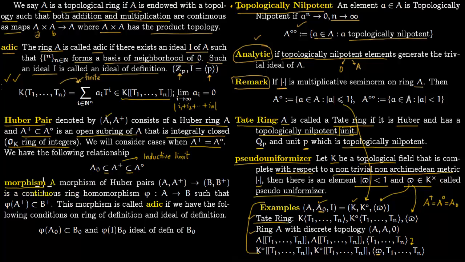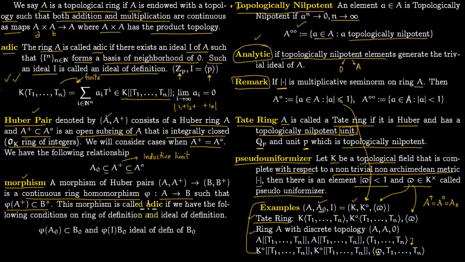Now we have talked about Huber pairs, we have to talk about morphisms of such pairs. A morphism of Huber pairs from A plus to B plus is nothing but a continuous ring homomorphism, as you would have expected, phi from A to B, such that phi of A plus lies within B plus. The ring of integers A plus gets mapped within B plus.